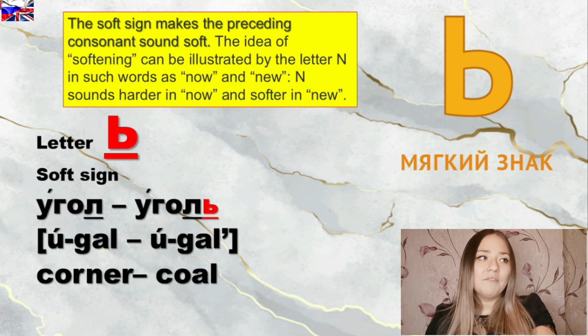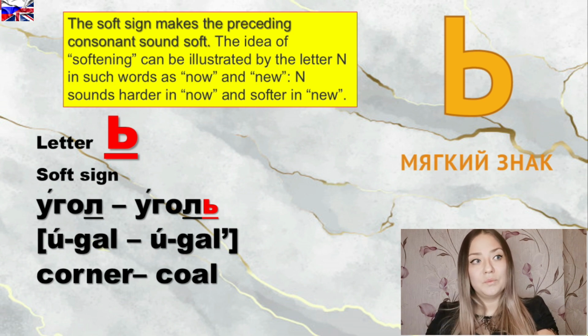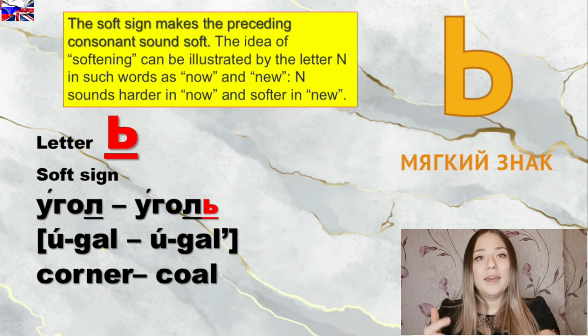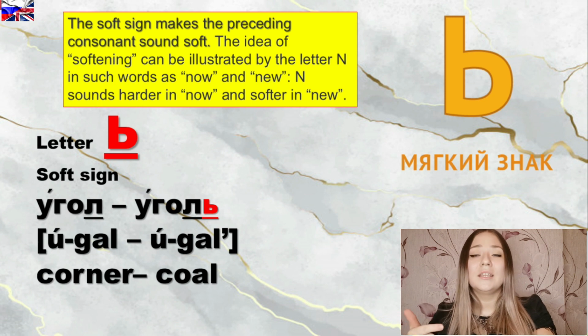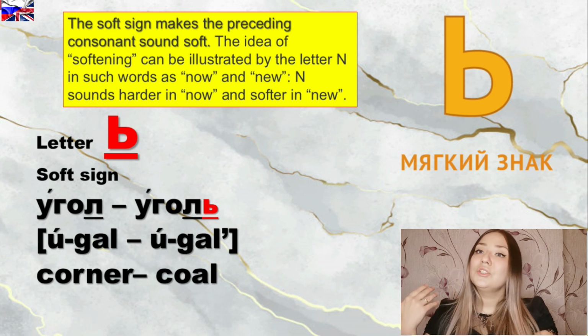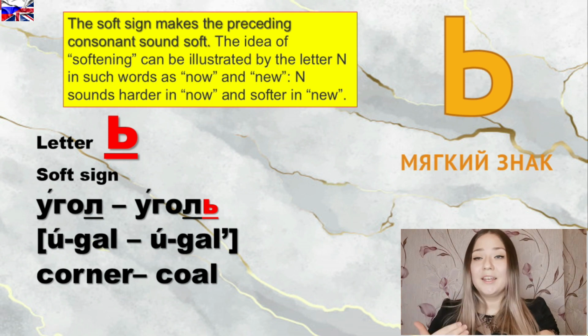The idea of softening can be illustrated by the letter N in such words as now and new in English, for example. N sounds harder in now, and softer in new. So this is the idea, and this is why we have the soft sign in Russian, to make the words sound softer.